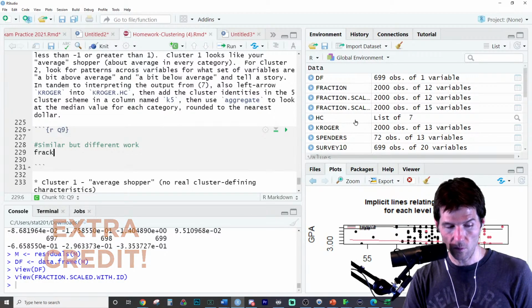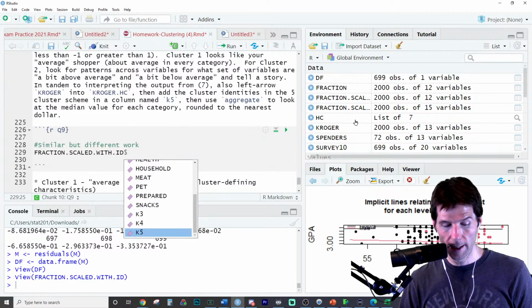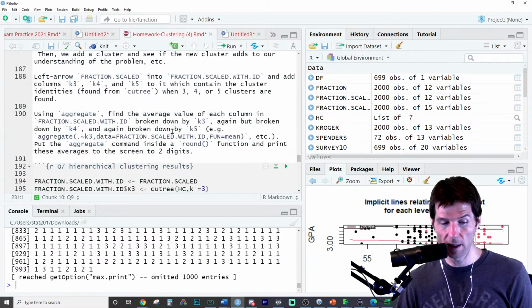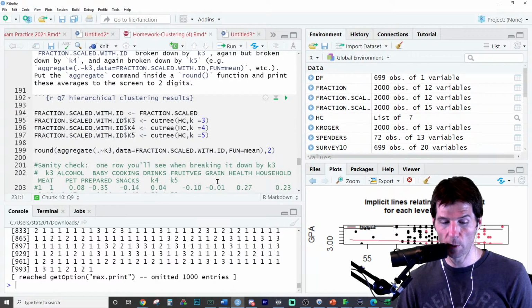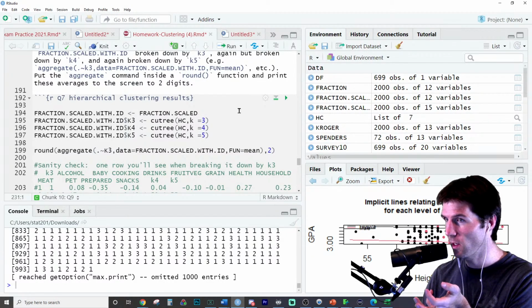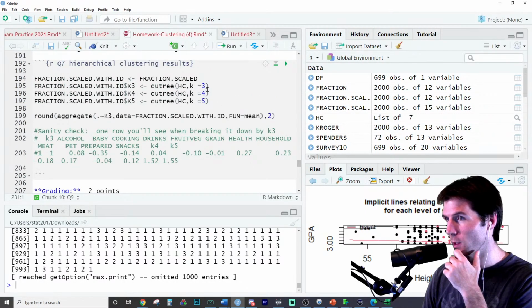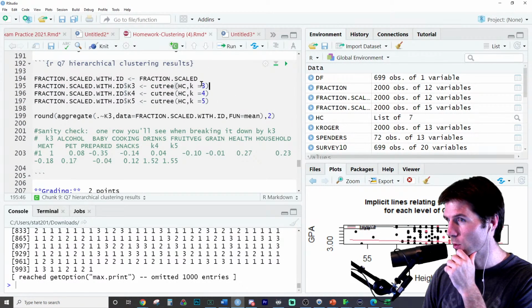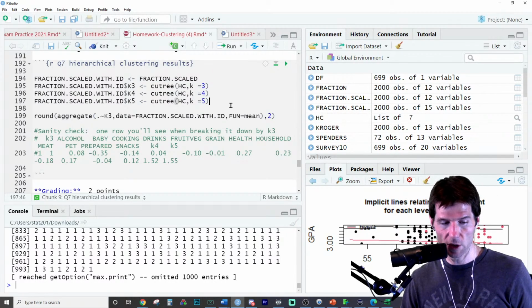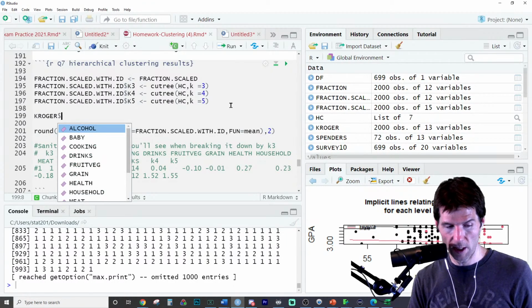Cluster scaled with IDs. Here's the IDs for K3. So these are the cluster IDs. We obtained these earlier in office hours by doing the code. We did a bit of that one. I'm not going to do the full one, but we obtained these cluster IDs right here. So I'm going to take these cluster IDs, go to the Kroger data, and store them into the Kroger data as K3.